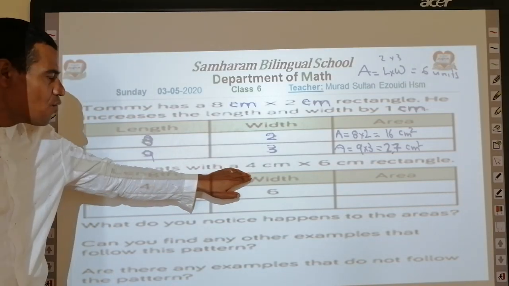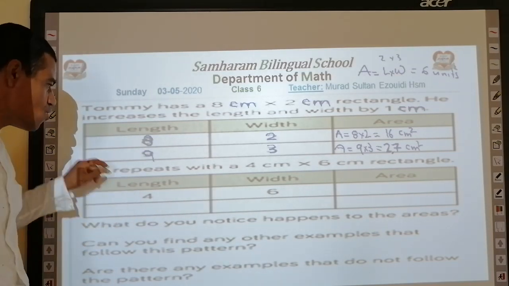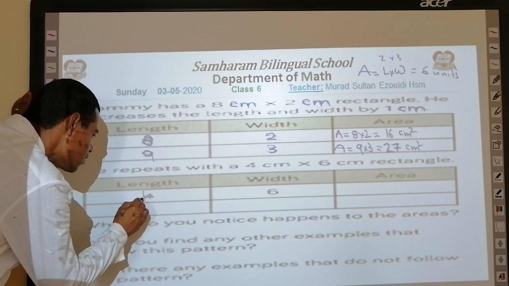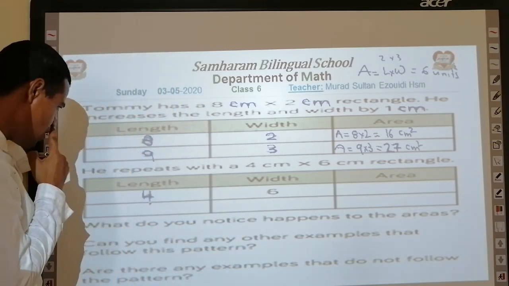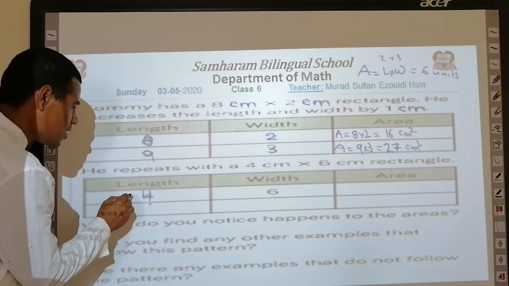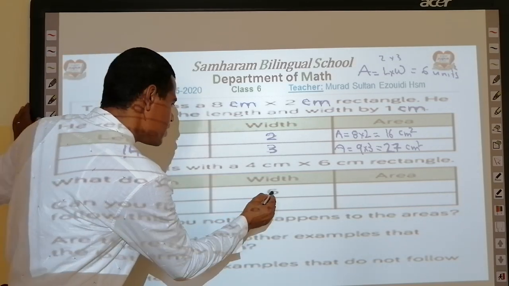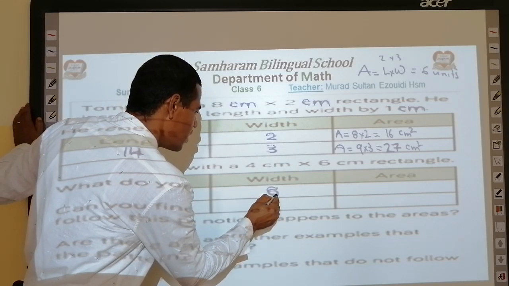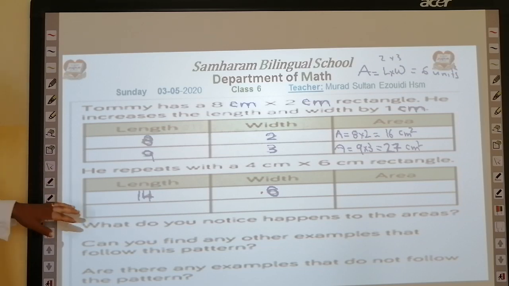He repeats with a 4 centimeter by 6 centimeter rectangle. This is the length 4. Okay, I will just write here, the length is 14 and the width is 6, for example. Okay? So, the area is what?